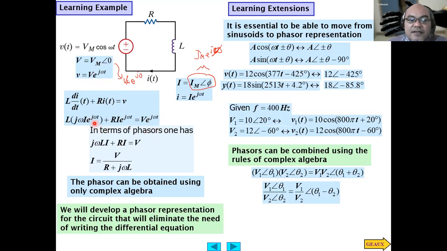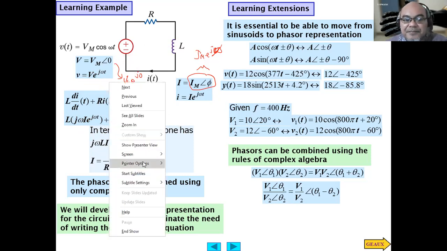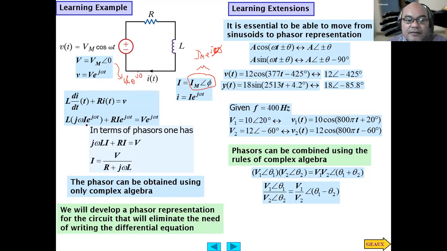Here you see that the term exponent j omega t exists in each term, on the left hand side and right hand side of the equation, so they can be cancelled from each other. So this becomes j omega L I plus R I equals V. The exponent j omega t cancels.